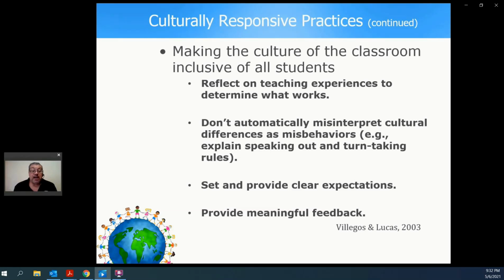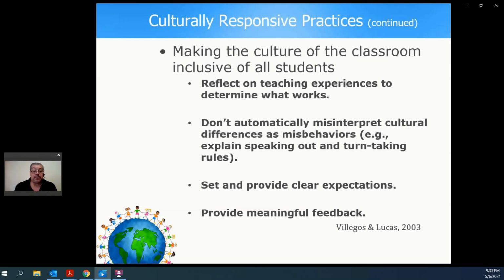Making the culture of the classroom inclusive to all students. Reflect on teaching experiences. Determine what works. Again, I solicit feedback. I ask my students, what's working? What do you like? What can we do different? Don't automatically misinterpret cultural differences as misbehaviors. I've seen this happen before in a different school.